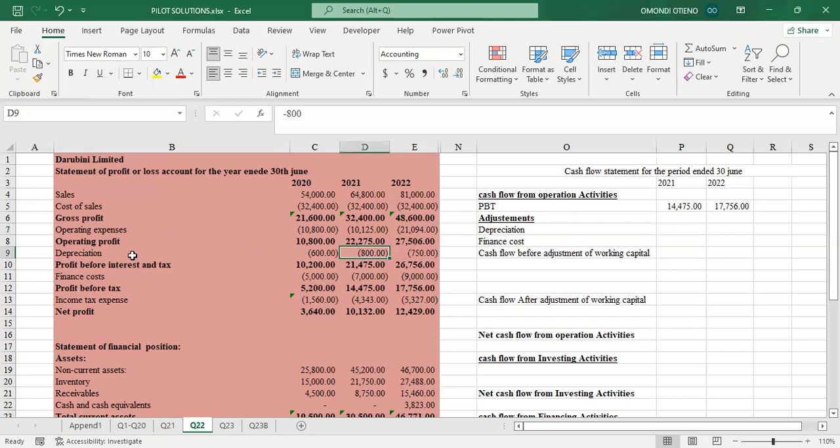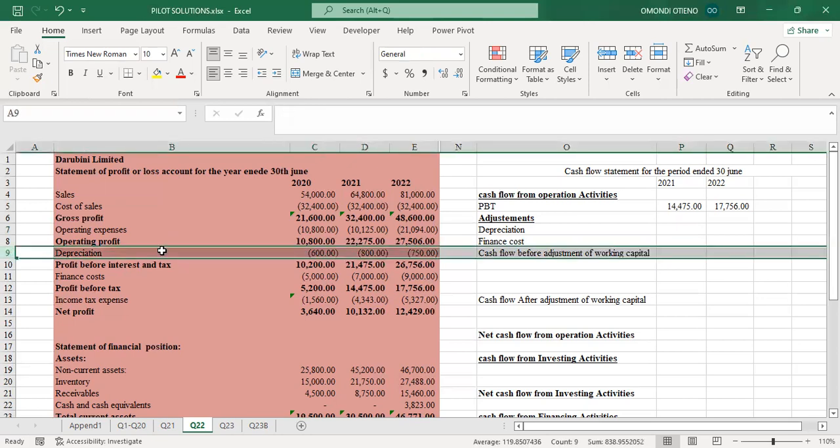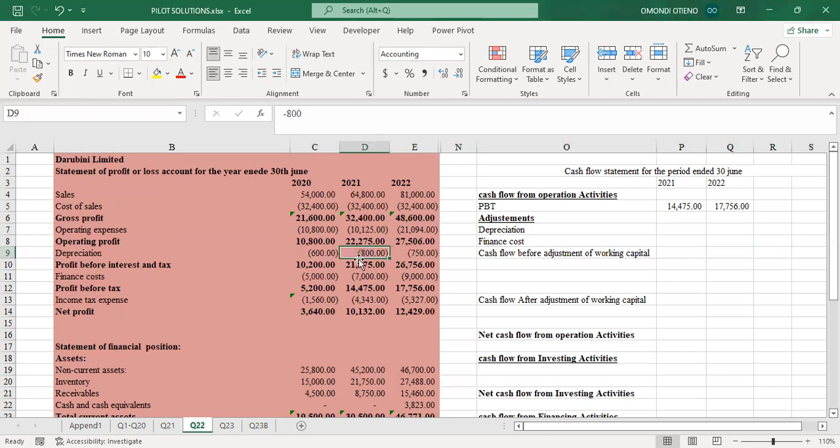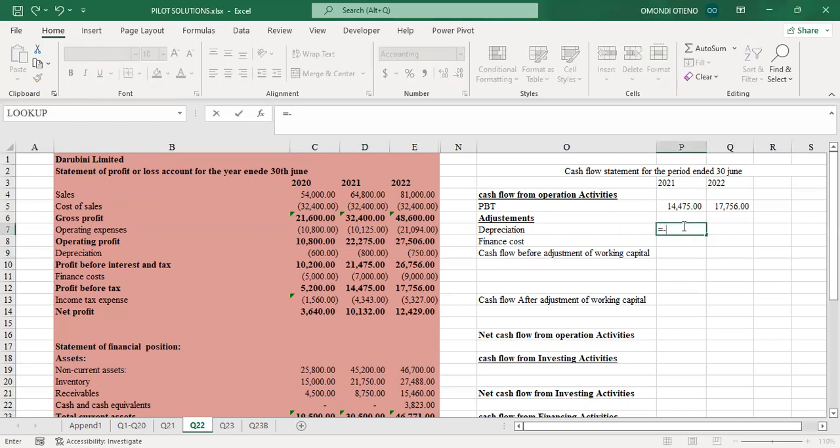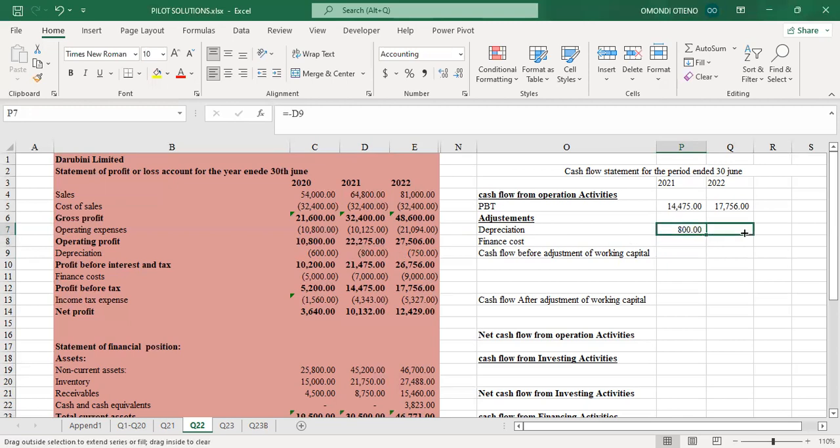So if you go to our income statement here, we are able to see the depreciation expense for 2021, of which the value is 800. So remember, these items were subtracted and therefore we adjust them by bringing them back. So we will say equal to, because it is in negative, we'll say negative what we have here for 2021 as depreciation, and therefore it is adjusted or brought back. It is added back to our profit before tax.